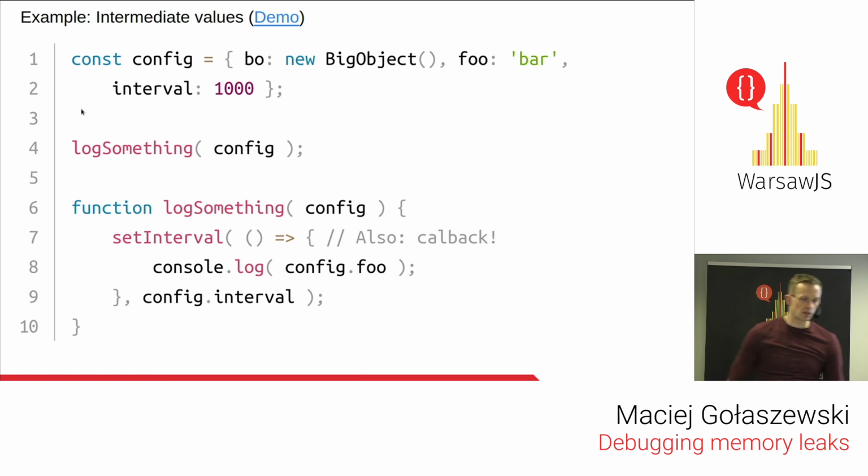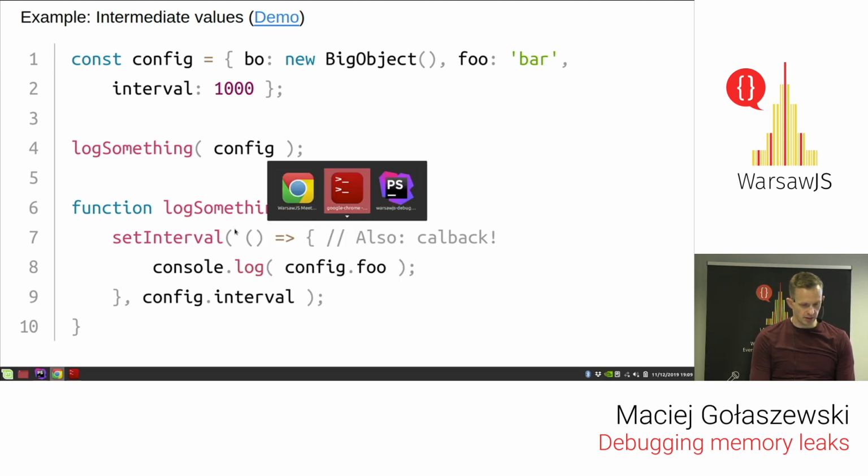Another example of things that cause memory leaks is a situation where we are passing some object to another method, and you are basically passing too much, and the big object is also referenced somewhere.